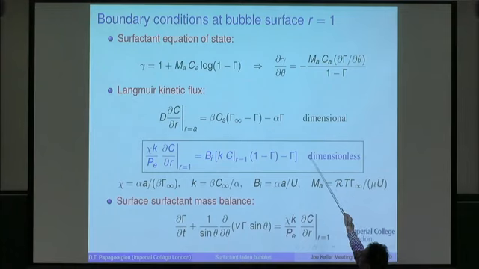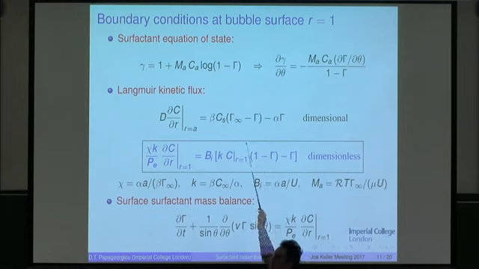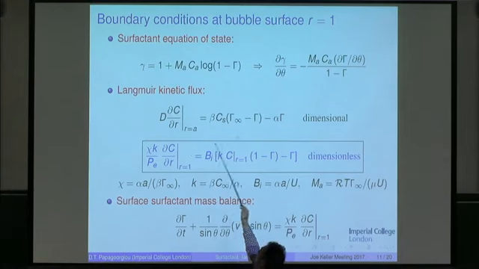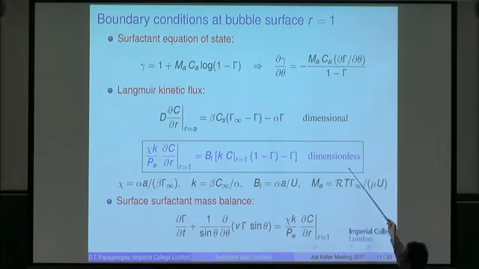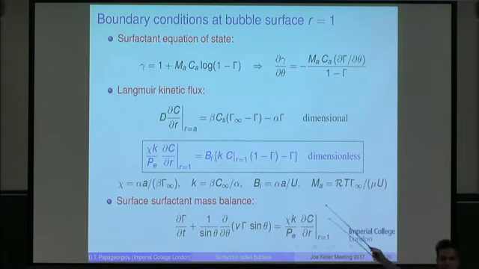There's another equation that tells me that when the surfactants get close to the surface, the C field, there's a kinetic flux of surfactants with an adsorption and a desorption rate constant. So they can go on and off at a certain rate. If I non-dimensionalize that equation, this is what I get, and I can think of this as a boundary condition for the C problem.